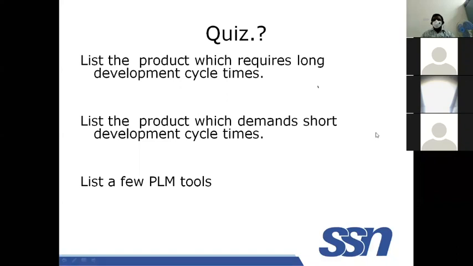Vaccine, depending on the situation. Medicines, sure. Medicine is also a right answer. Okay, stop typing. I will show you the answer. I have listed a few: space vehicle, nuclear reactor, etc.